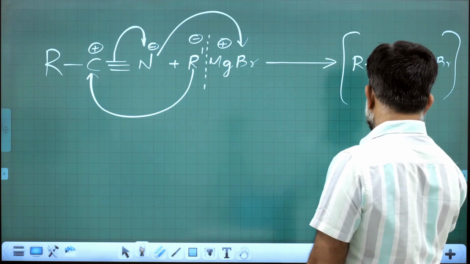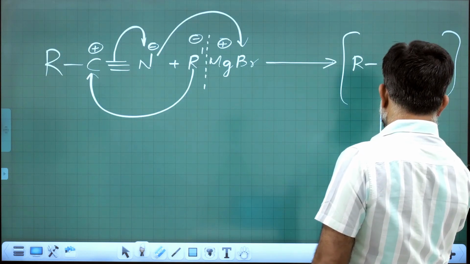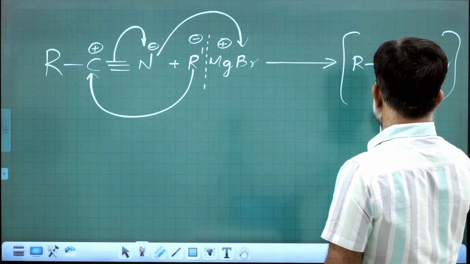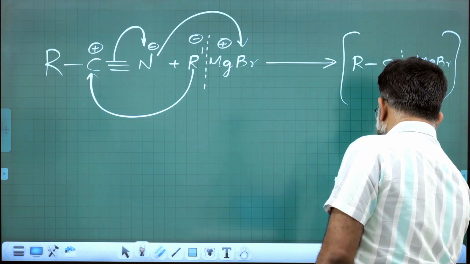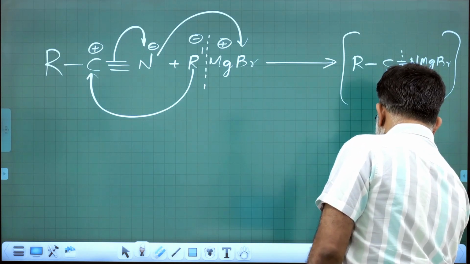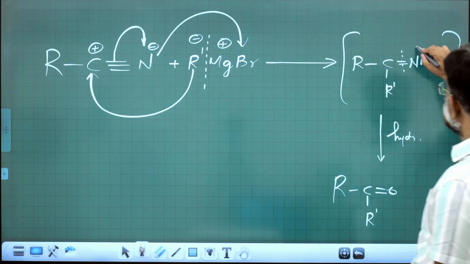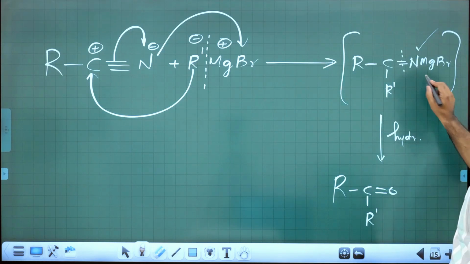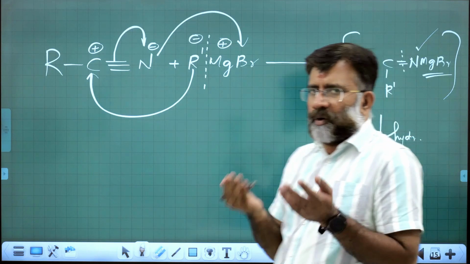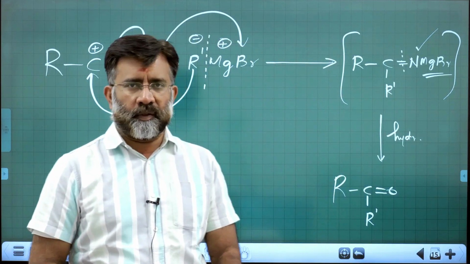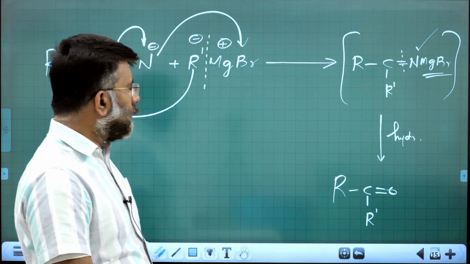And then there is hydrolysis. There will be hydrolysis over this region, and you will get a ketone, RCOR dash. And this nitrogen will be out as ammonia and MgBr as MgOHBr as usual. Clear?